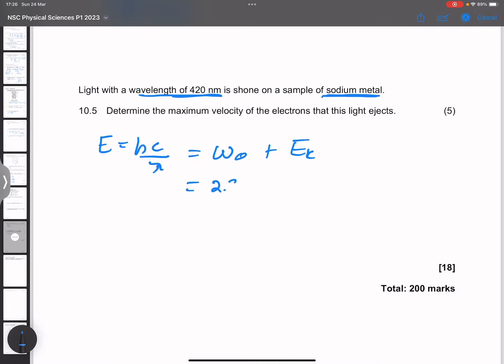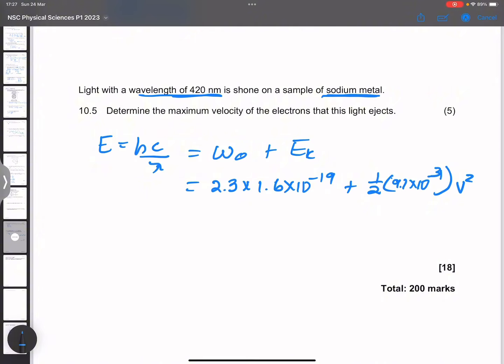You'll say 2.3, the number of electron volts, multiplied by 1.6 times 10 minus 19, the same way that I converted energy into electron volts. So this is plus, and that's going to be half. Remember, ladies and gents, when I use the mass here, it's the mass of an electron. So this would be 9.1 times 10 minus 31, and v squared.